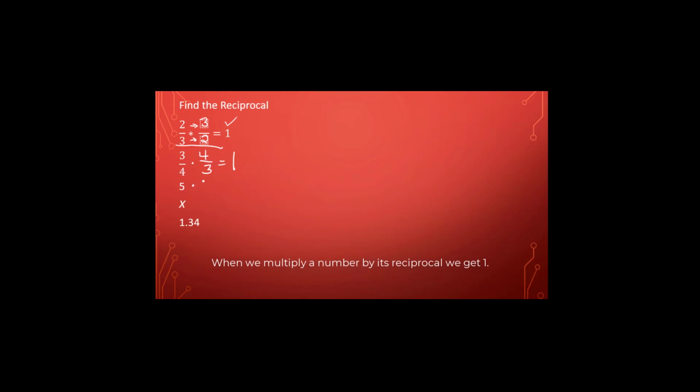The reciprocal of 5 is 1 over 5. The reciprocal of x is 1 over x, provided x does not equal 0. 0 is the only number that does not have a reciprocal. And this, I get 1.